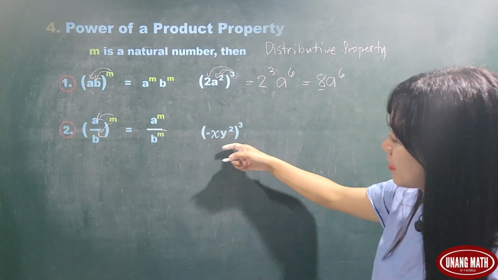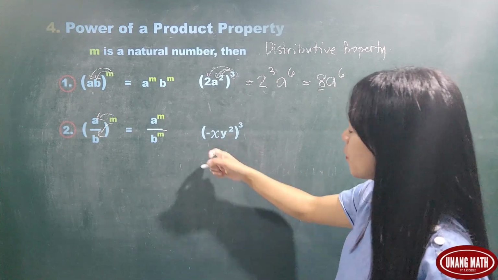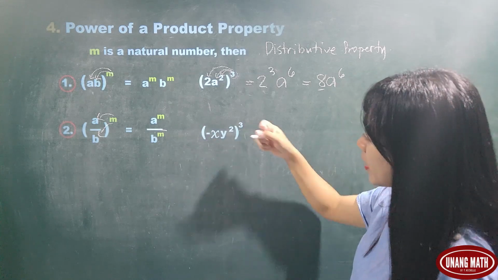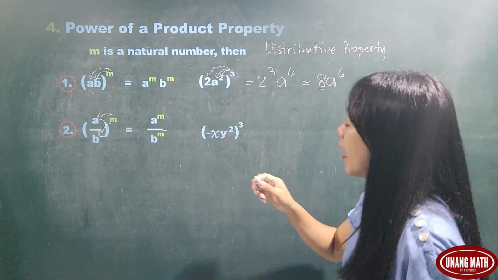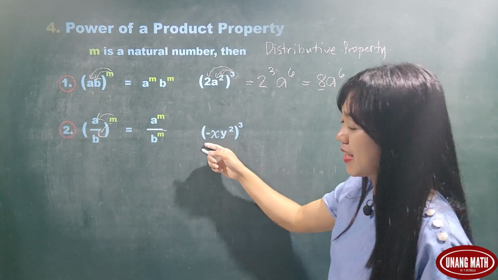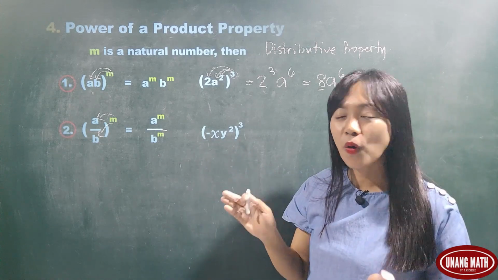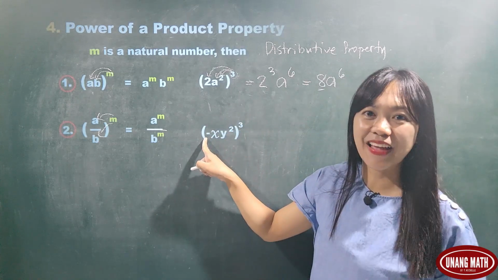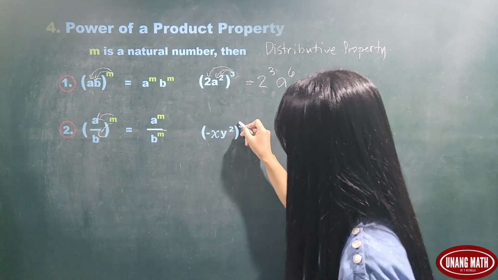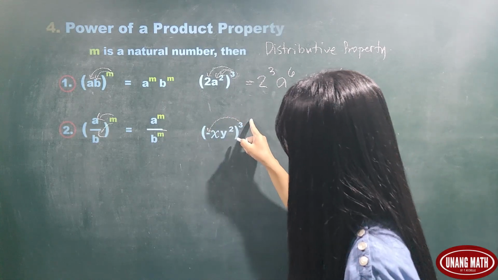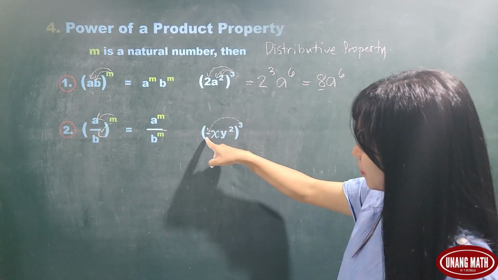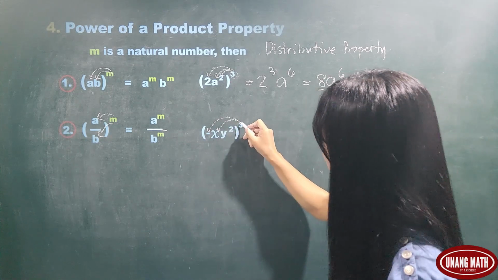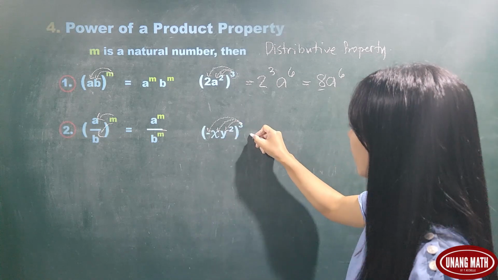Okay, what about this next example here? We have (negative xy squared) inside the parenthesis, and it's raised to the power of 3. If the number inside the parenthesis is negative, we also need to distribute the exponent to that negative sign. So this exponent will be distributed to this negative sign, and then this one to x, and then this one to y squared.